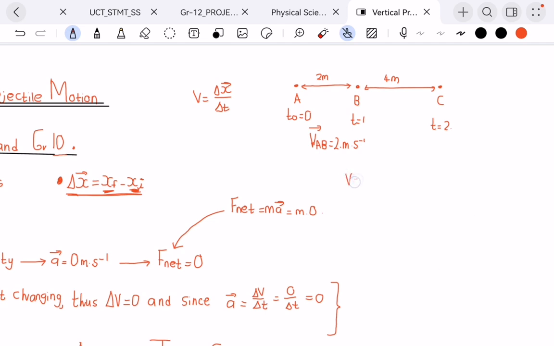We know that this is going to be the final position, which is basically what? So now we're not gonna move from A to C, we're gonna move from B to C, right?